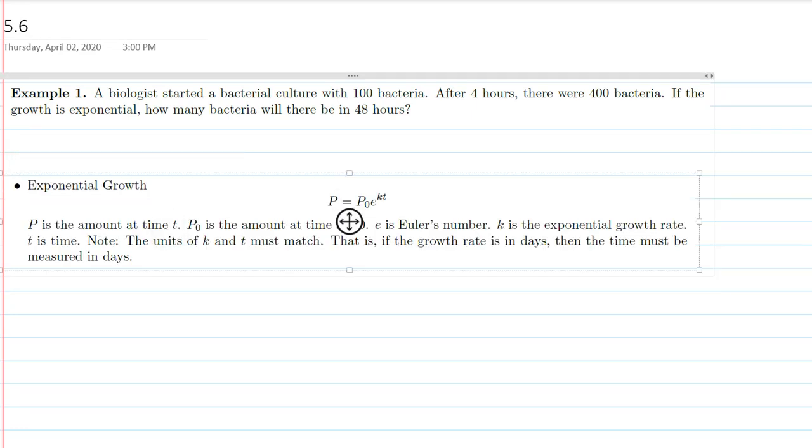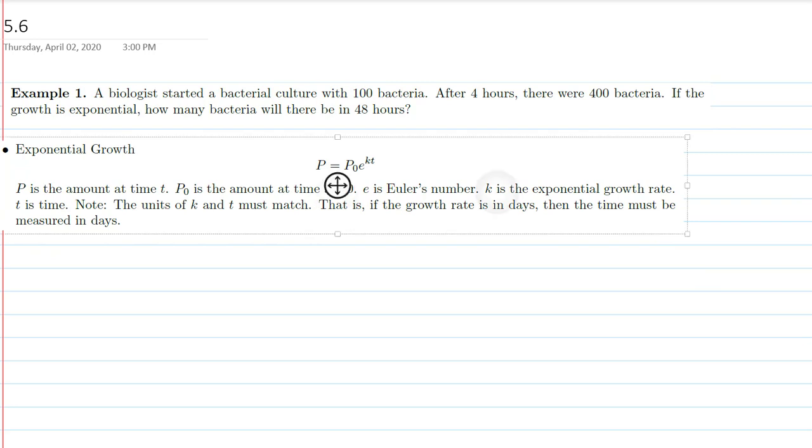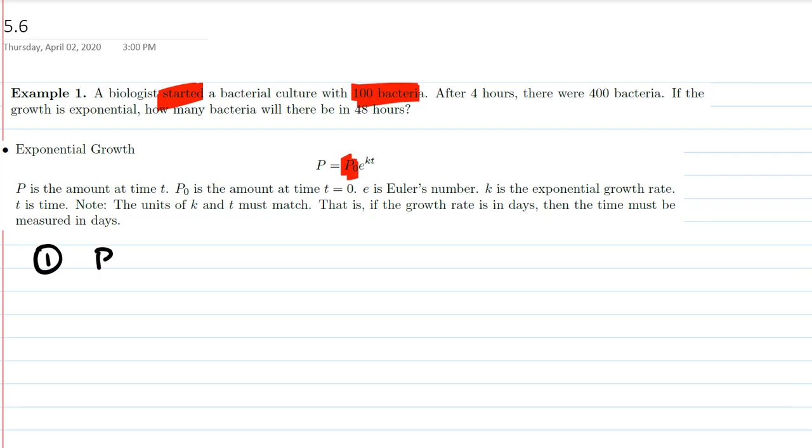So step 1 says we select our model, and since we have exponential growth, we're going to have this model, but then we also need to fill in what we know. So we know that it started with 100 bacteria. So that means our model for step 1 is going to look like P equals 100 e to the kt.